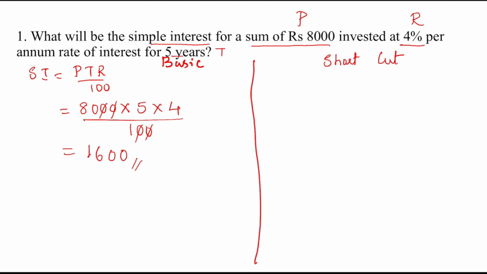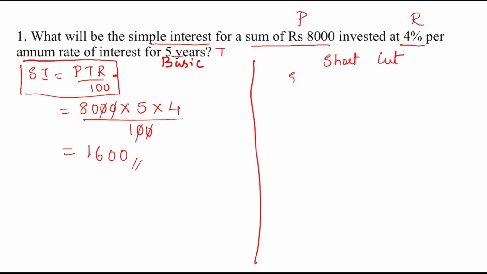Okay, since the numbers were very easy, we could easily substitute in this formula and find it out. But if the numbers are difficult or if something else is asked, then using this formula would be very complicated. Okay, so how to reduce that complication and how with this short trick we can solve all the problems, let us see.